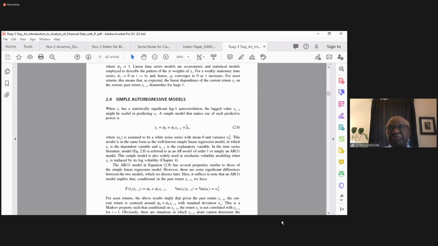The covariance between return today and return yesterday, return 2 days ago and return 3 days ago, the covariance between returns separated by any lag, lag 1, lag 2, lag 3, lag 4, is all 0. We have discussed that in the past. So white noise has very nice, simple properties: average 0, constant variance, autocovariances, and therefore autocorrelation at every lag, equal to 0.